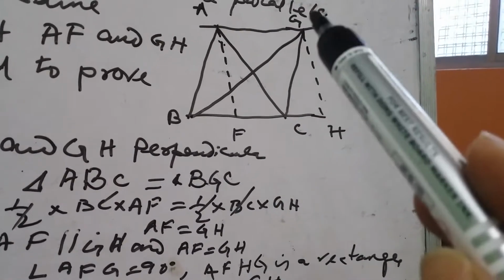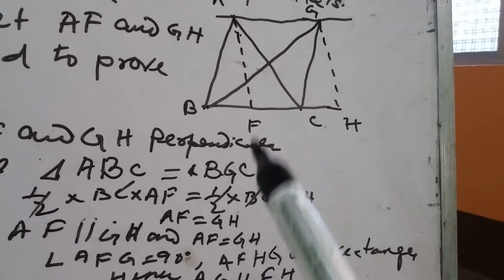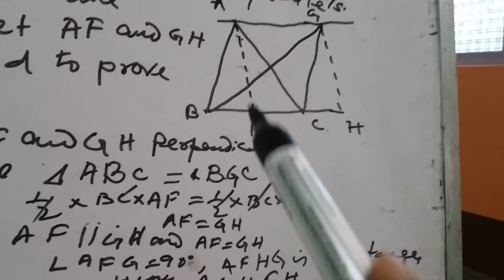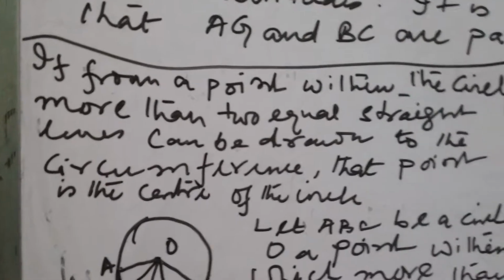Again AF and GH are perpendicular, so both are parallel and equal, hence AGHF is a parallelogram, hence AG is parallel to BC. Proof.